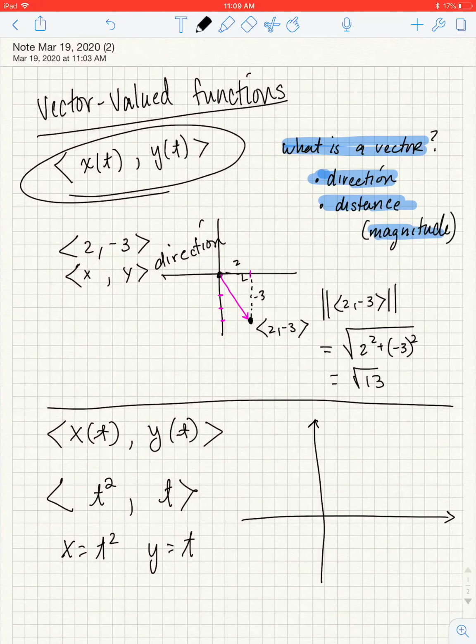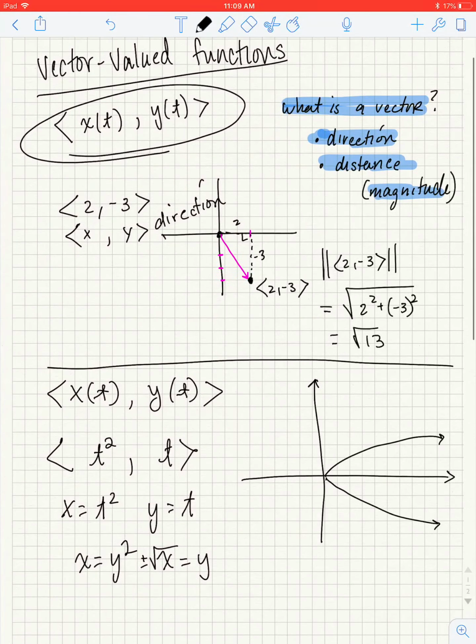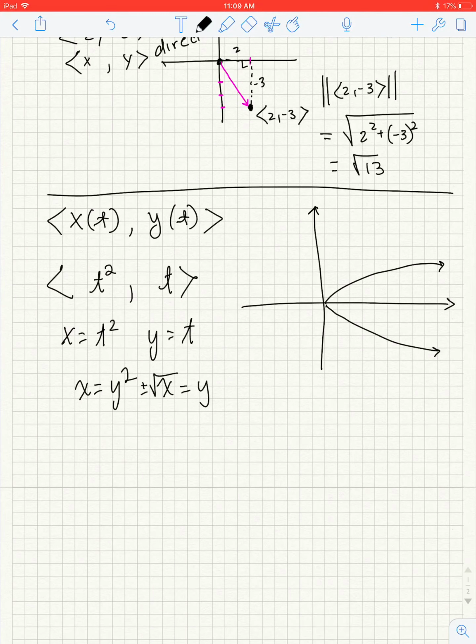So we could substitute y in for t, so you have x equals y squared. Okay, and we all know what that looks like, you would have something that looks like that.